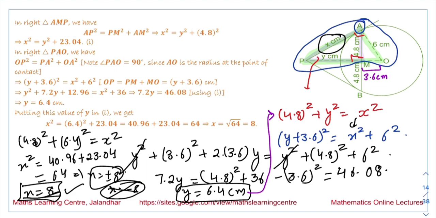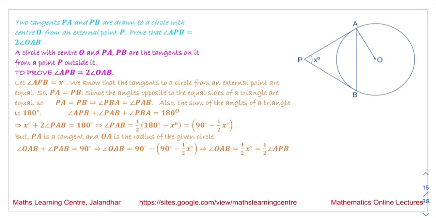Next we have: two tangents PA and PB are drawn to a circle with center O from an external point P. This is the external point given to us. We have to prove that angle APB is equal to 2 times angle OAB.